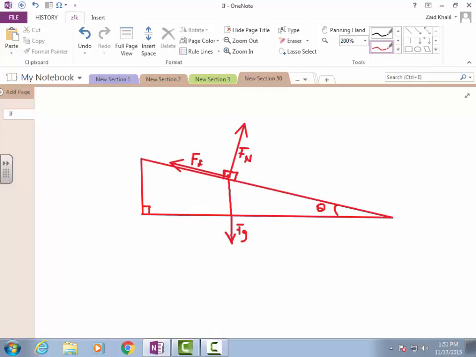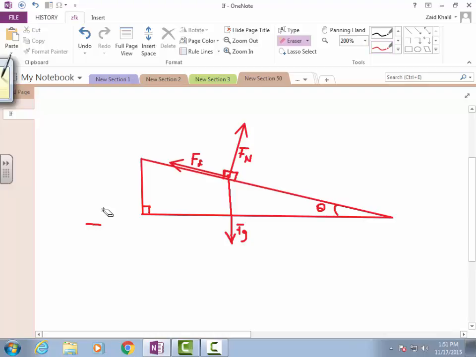So if you take a look, how many forces align with the axes if we take our normal xy coordinates? Only Fg.